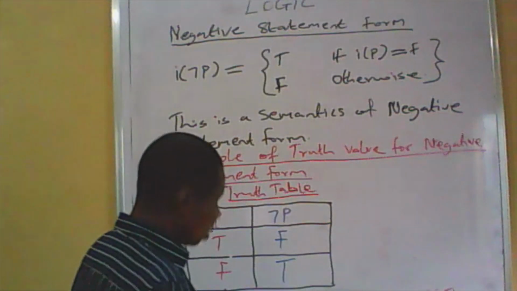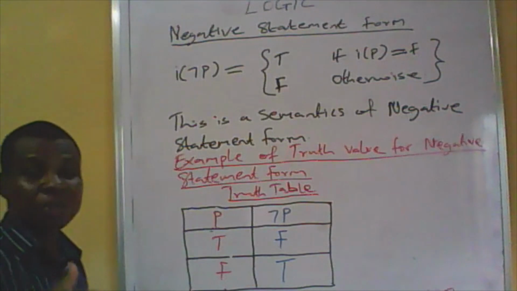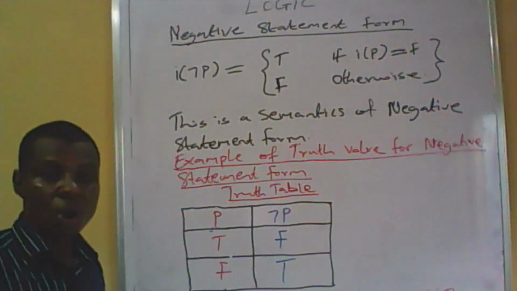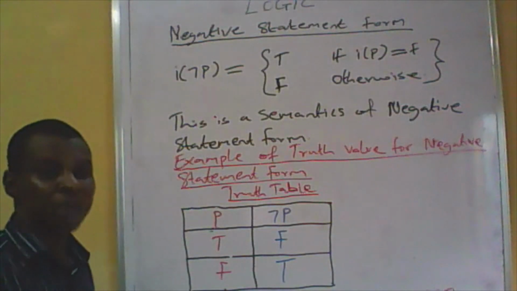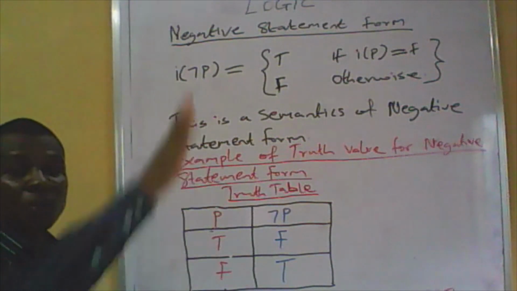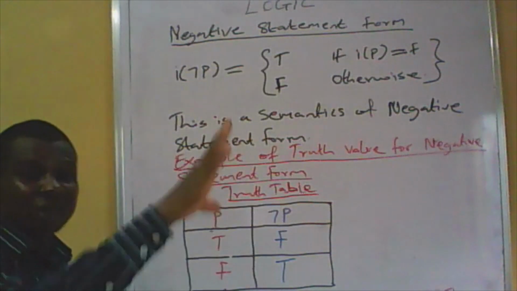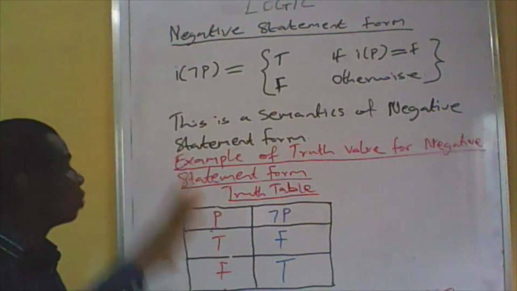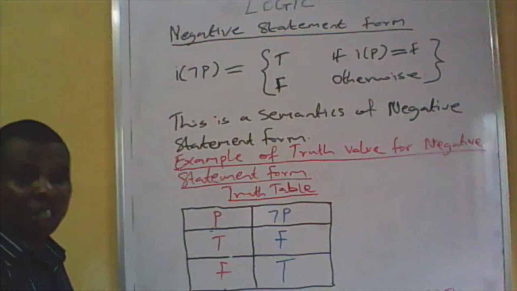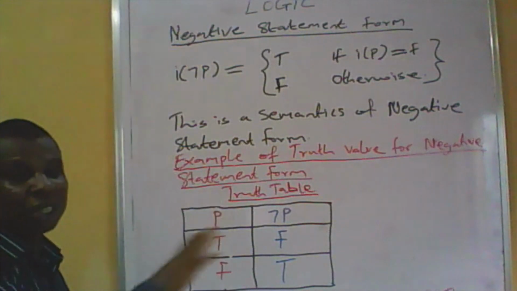But know that if it is a compound statement, maybe involving 2 or 3 simple statements, the interpretation will sample all the possible combinations of the simple statements. Only what I will do is that anywhere it is valued T, it will be F, and anywhere it is F, it will be T. That's how it negates them.